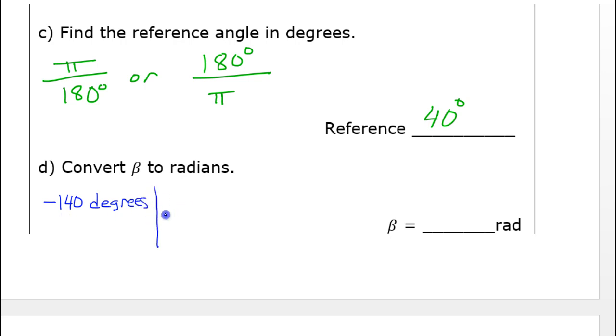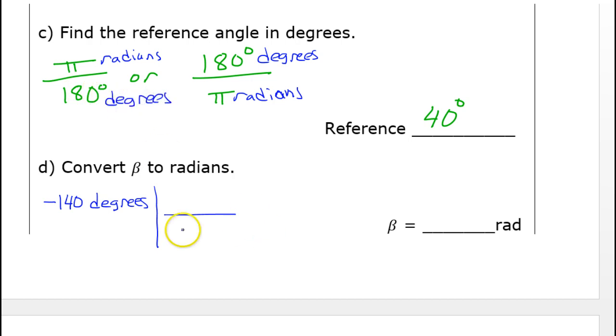Okay, now what I can do is multiply by one of these things. But think of this as pi radians and of course 180 degrees. And ask yourself which one I need to multiply by. So we already have degrees, so we really need to cancel degrees out and leave radians.